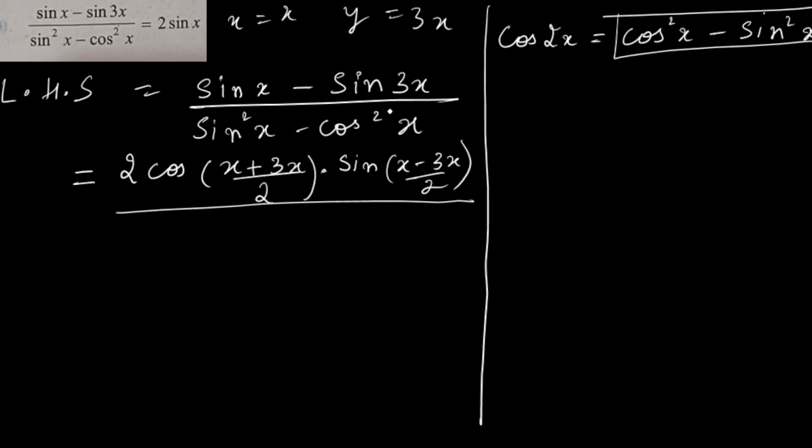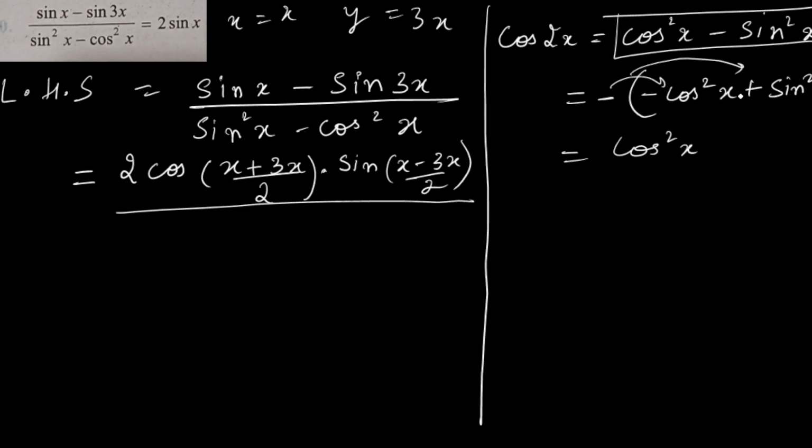Denominator, I have sin square minus cos square. If I take minus common here, I can write it as minus cos square x plus sin square x. If you open the bracket, what will happen? Minus into minus will become plus, so cos square x, minus into plus will become minus.